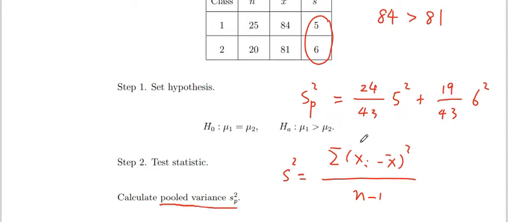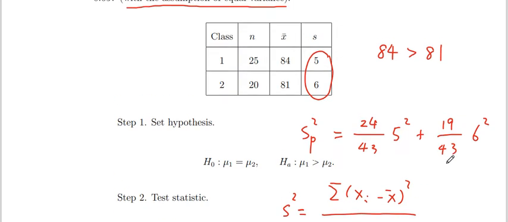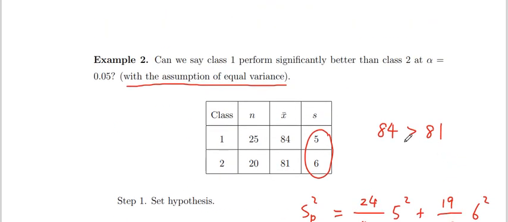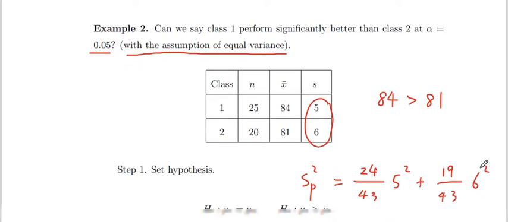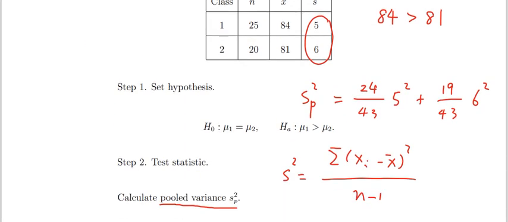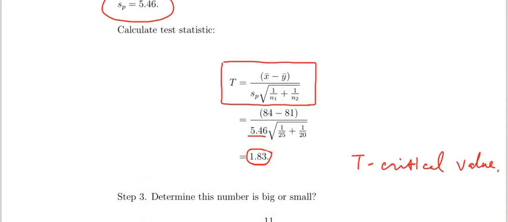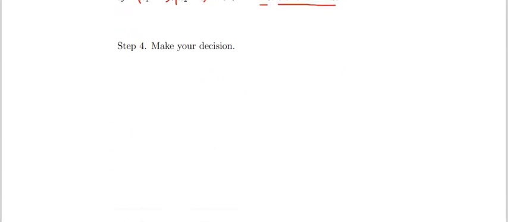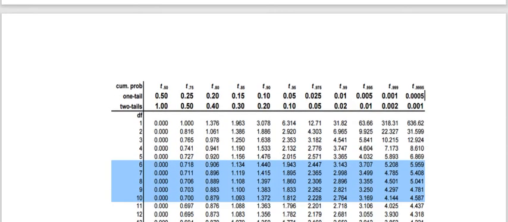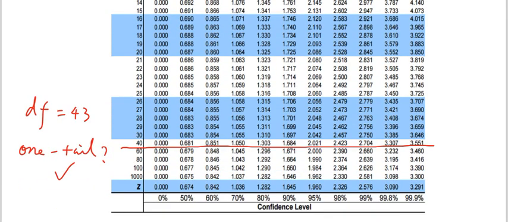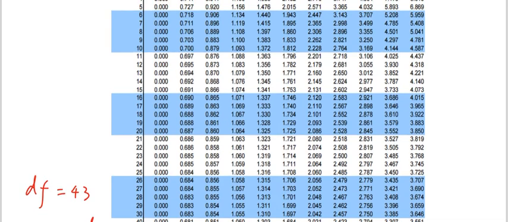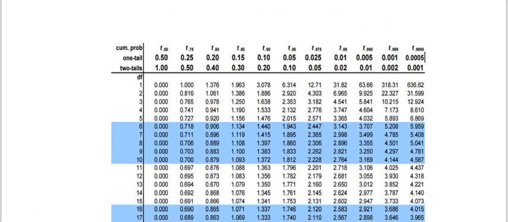So one tail. Alpha is 0.005. From the table we check degree of freedom 40, one tail, 0.005.